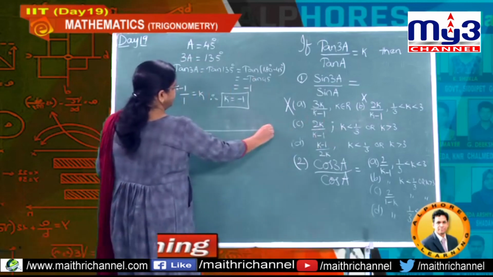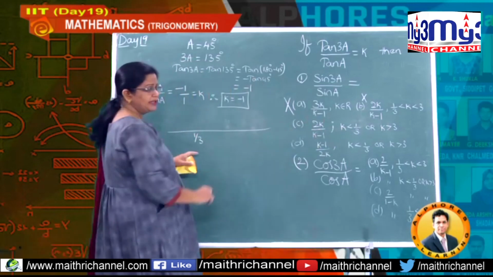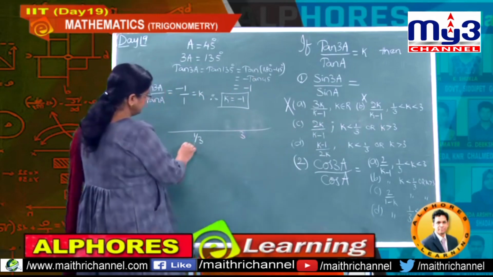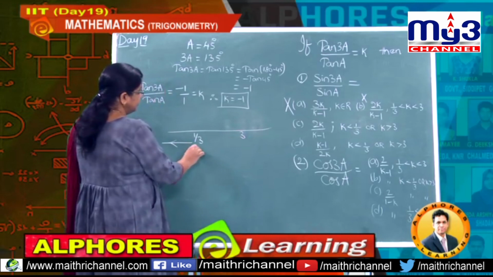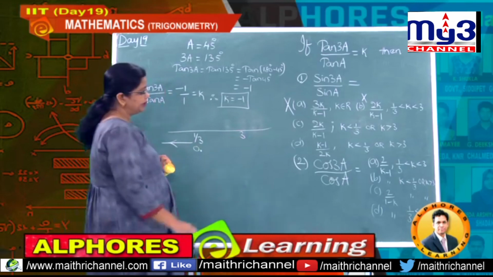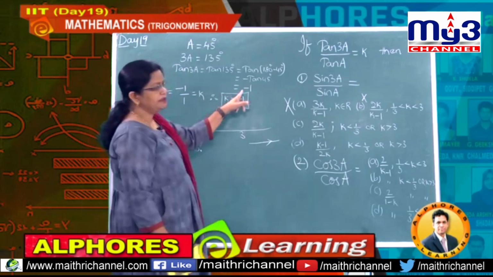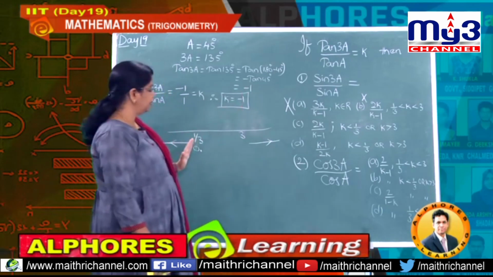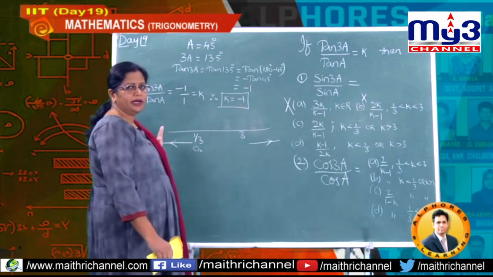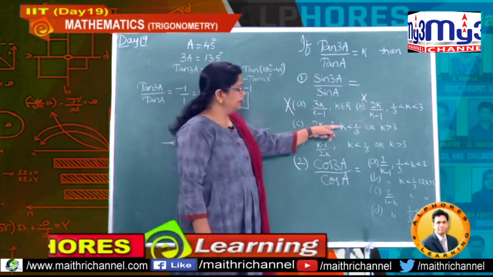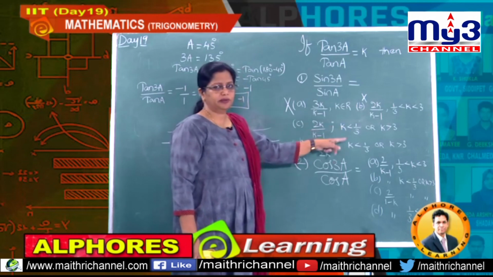If this is the real line, just your x axis you have to imagine, and this is 3, k values less than 1 by 3, this is 0.333 etc., and this one is above this number. So minus 1 will come into what region? It comes under k less than 1 by 3. Therefore students, your answer is in between these two options, okay.